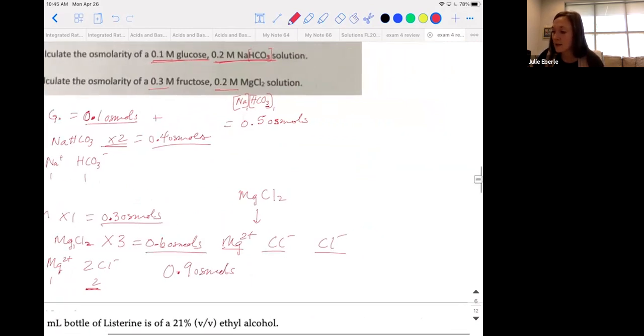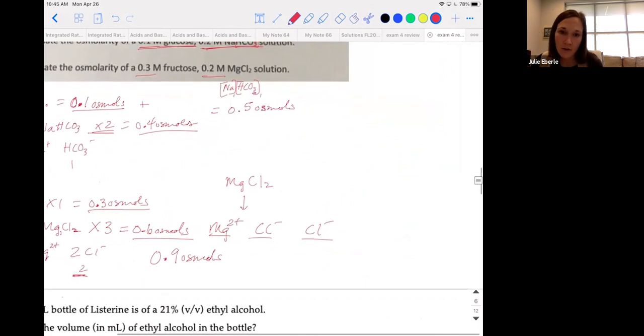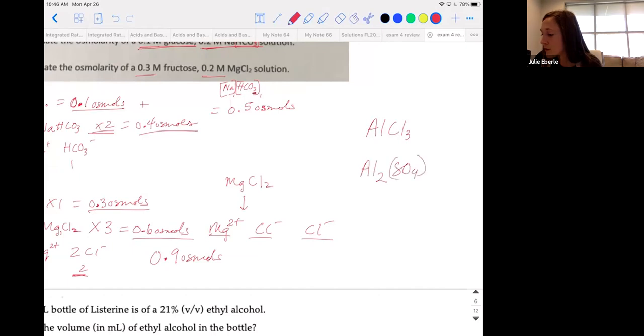Okay, so let me ask another, just to drive this home. What if you have AlCl3? How many particles do you get when that dissolves? Now y'all are getting it. What if you have Al2SO4?